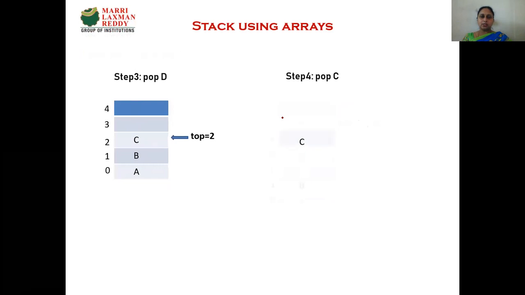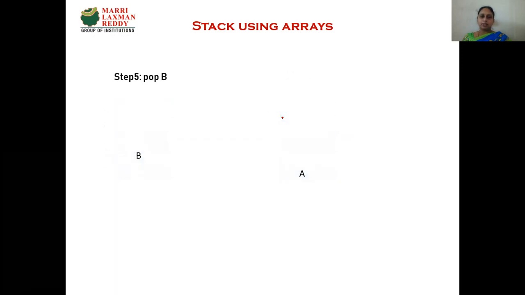And in the next case, step 4, if I want to pop the element C, remove the element and the top will be decremented to 1. And in the next case, if I want to remove B, remove B and decrement top to 0.